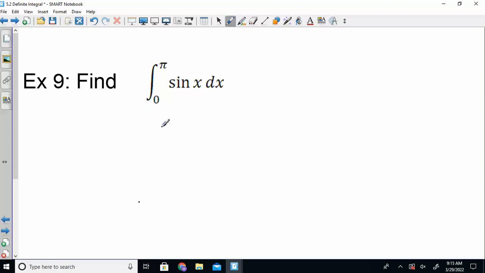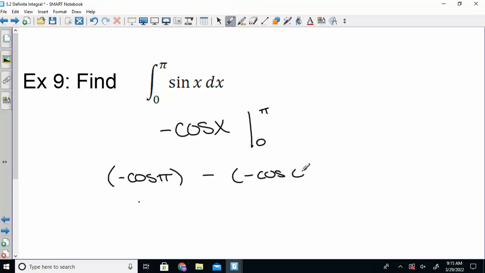What's the antiderivative of sine? Negative cosine. We're going to evaluate that from 0 to pi. So that means we have a negative cosine of pi minus negative cosine of 0.